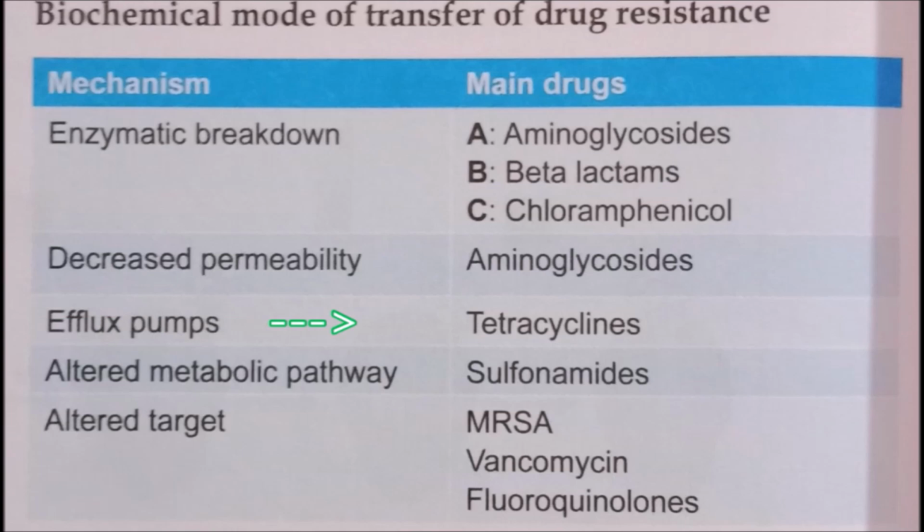Formation of efflux pumps against tetracyclines. Then altered metabolic pathway in case of sulfonamides. And last but not the least, altered target, that is change in the structure of the target. This is seen in case of MRSA, vancomycin and fluoroquinolones.